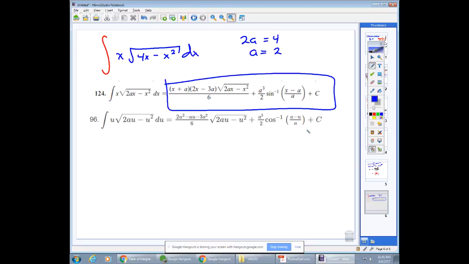So we believe the answer, the antiderivative, should be x plus 2 times 2x, that would be a minus 6, wouldn't it?